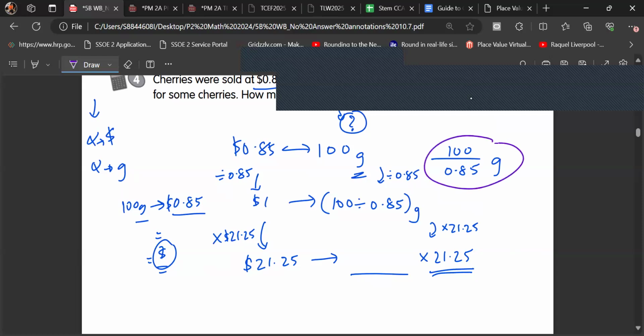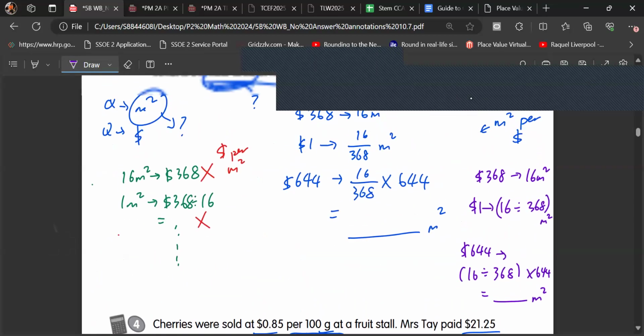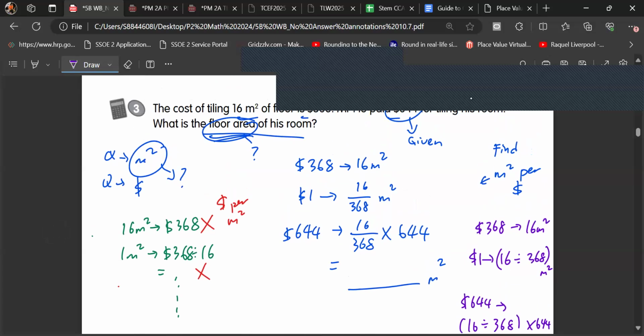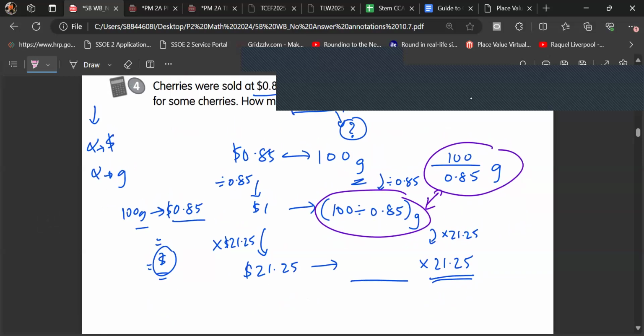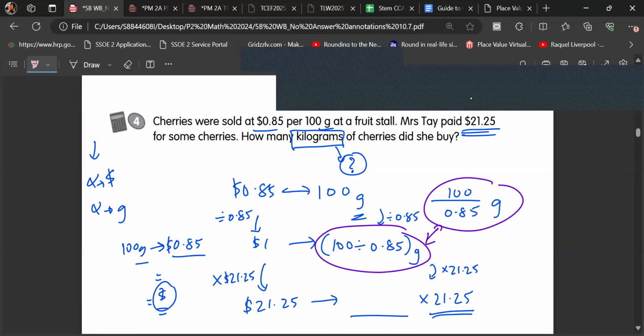So this is the same as this. Okay? So for those of us who are really frightened of the fraction, this works as well. But I think for the majority of us, you do 10 more of these questions, you will get it. And see, they're actually not that hard.